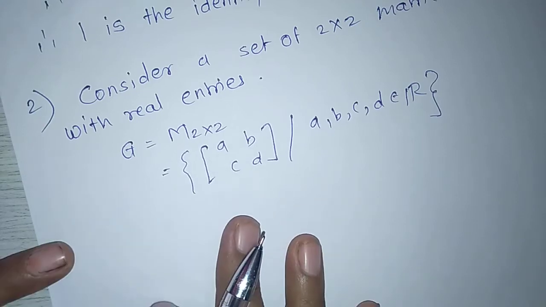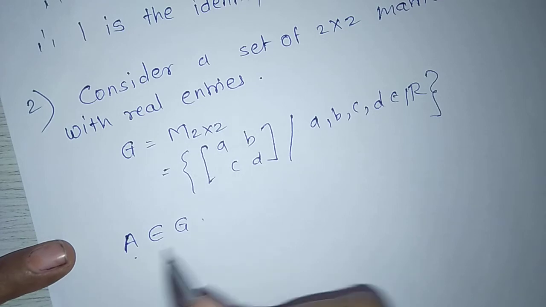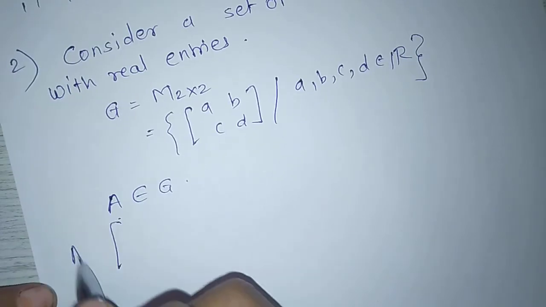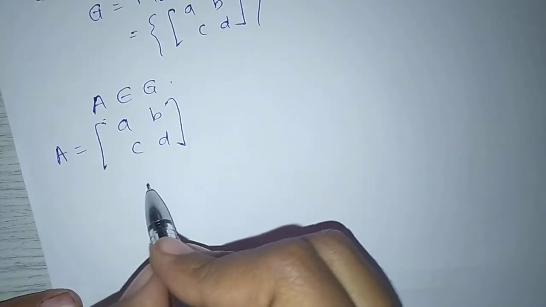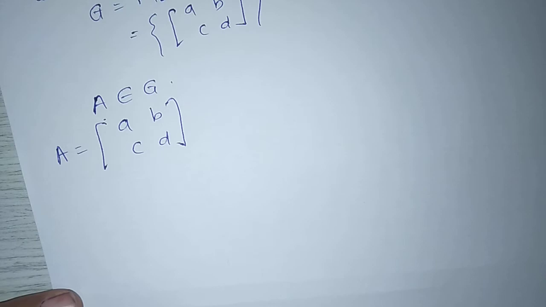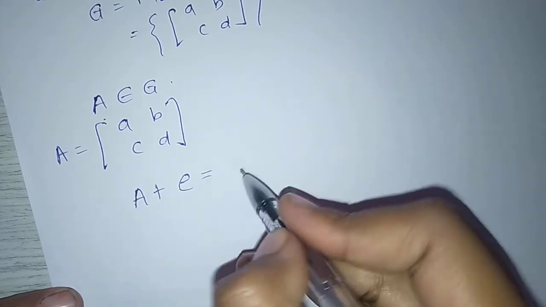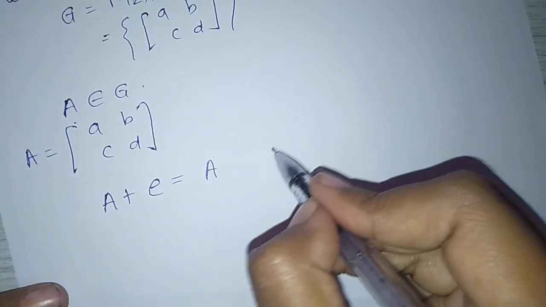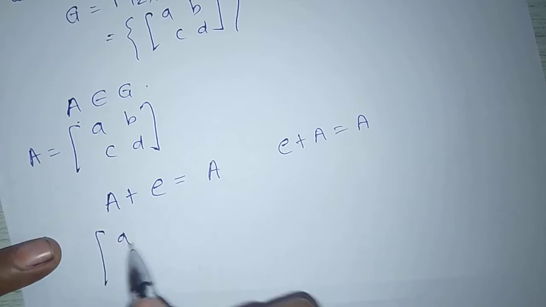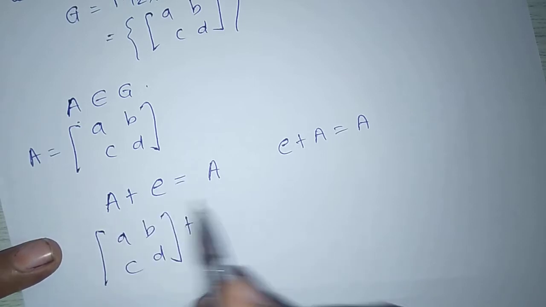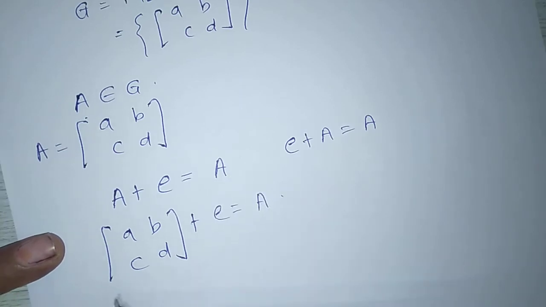Take any arbitrary element of G, means A belongs to G. A is the 2 by 2 matrix A equal to [A, B, C, D]. Then for identity we show that A plus E equal to A and E plus A equal to A. Here E is any 2 by 2 matrix [L, M, N, P].